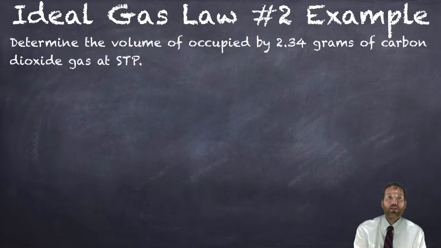This question says determine the volume occupied by 2.34 grams of carbon dioxide gas at STP. If they're asking for grams, or they give you grams, or they give you a specific gas like carbon dioxide that you could find the molar mass for, it should tell you to do ideal gas law number 2.